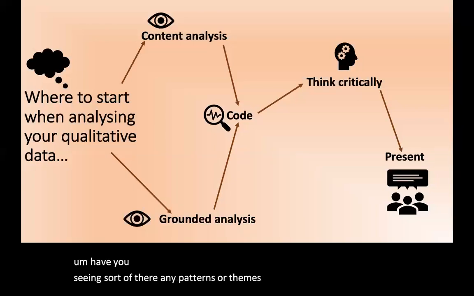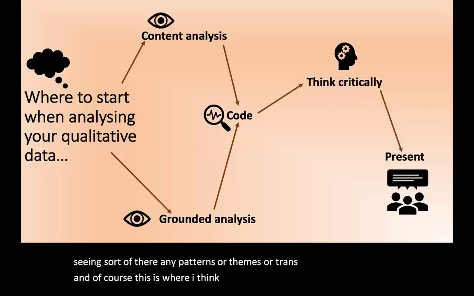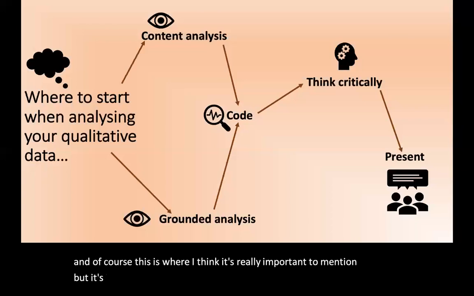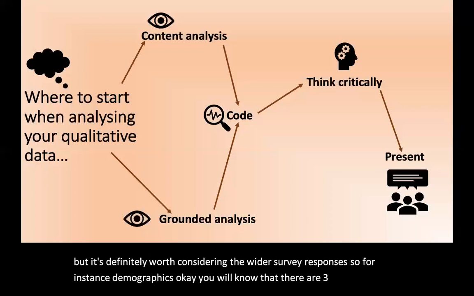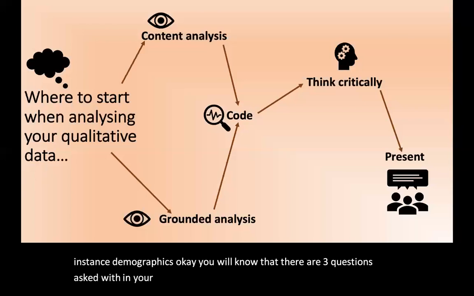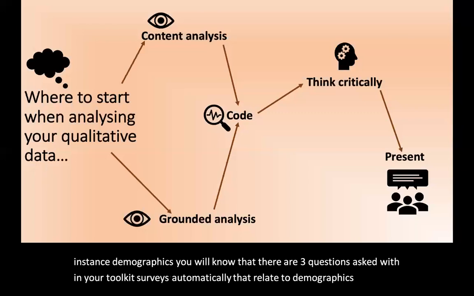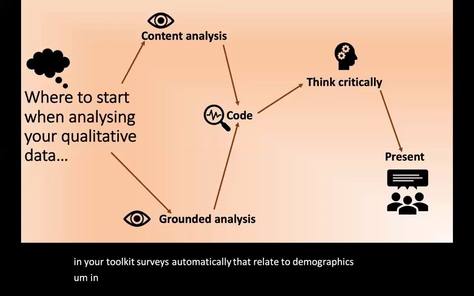And of course, this is where I think it's really important to mention that it's definitely worth considering the wider survey responses. So for instance, demographics. You will know that there are 3 questions asked within your toolkit surveys automatically that relate to demographics. And of course, if you want to add more, you can, just as a little reminder.